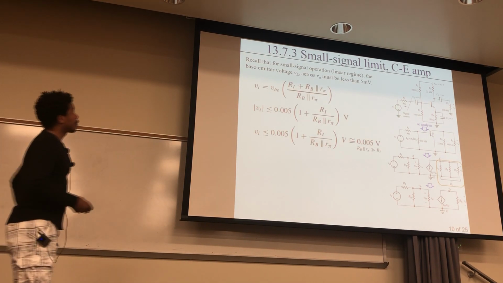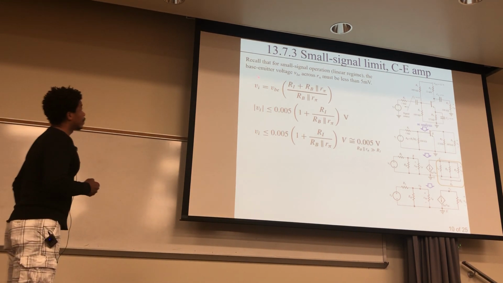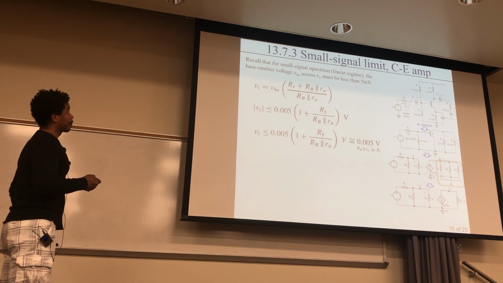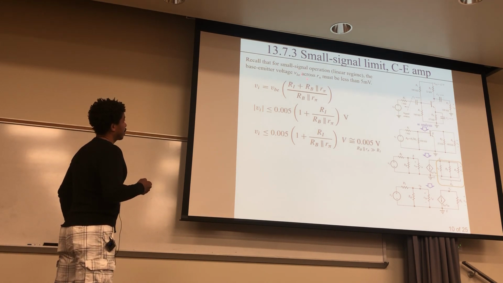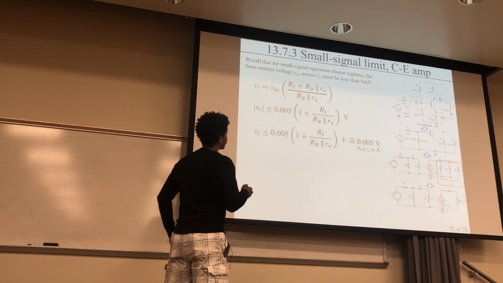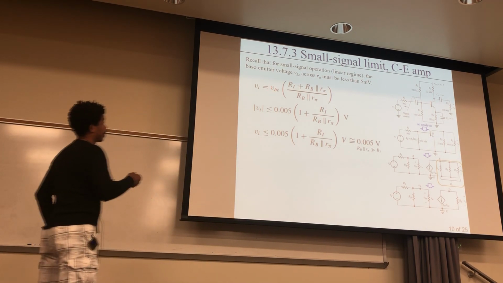Okay, so small signal limit. First let's recall that for small signal operation, that means you're in the linear regime, right? The base emitter voltage, VBE, across R pi, must be less than 5 millivolts. Okay, that's that right there.